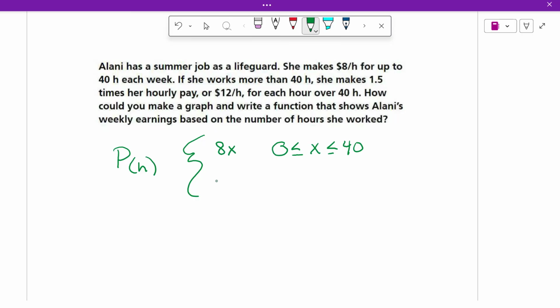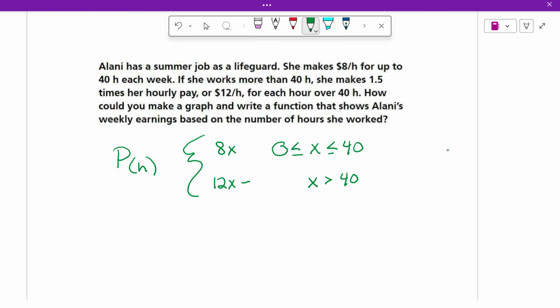And she makes 12 times the hours over 40 when x is greater than 40. Okay, so when you work the 41st hour, she doesn't get paid 12 times 41. She just gets paid 12, right?